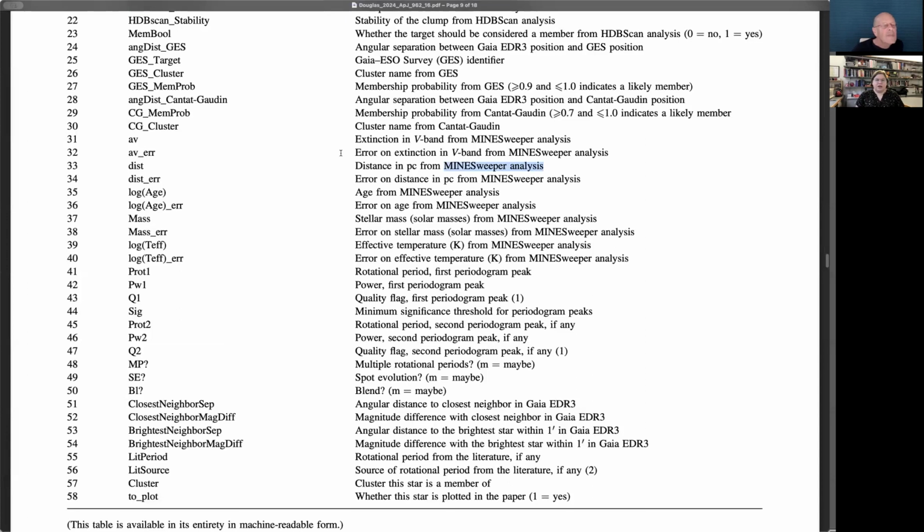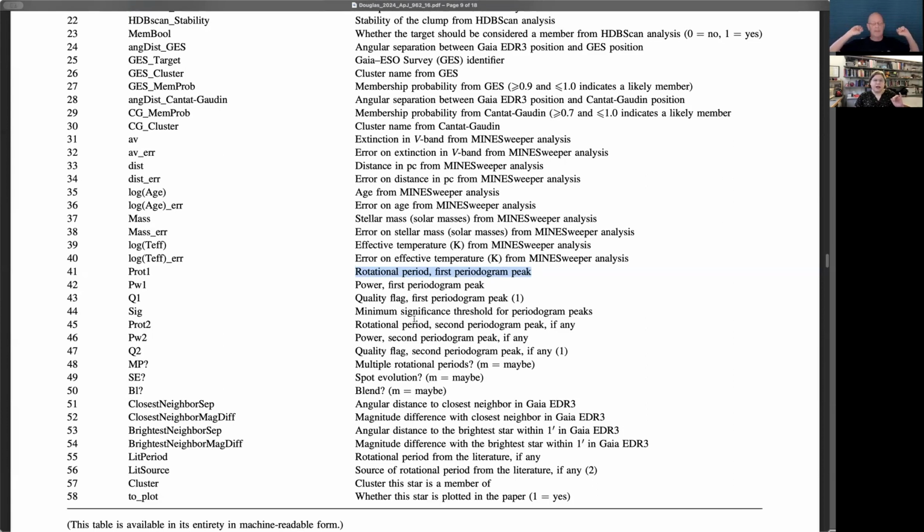And then starting with column 41, we're getting into the actual TESS analysis. So rotation periods, with the power of the periodogram peak, a quality flag, and the significance thresholds. We did a bootstrapping test to make sure we're getting a real signal and not something from the windowing function.